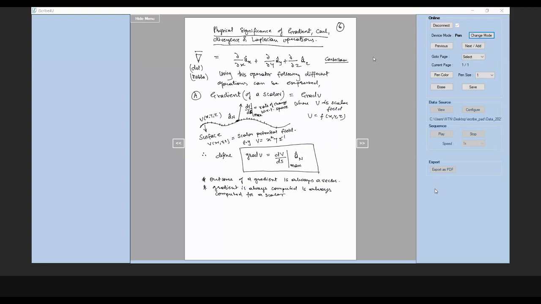So this you should not forget. Gradient is always computed for a scalar. Now, what is the practical application of this? I will give you one example. Let's say there is a room, and in this room, let's say a chilly winter is there.